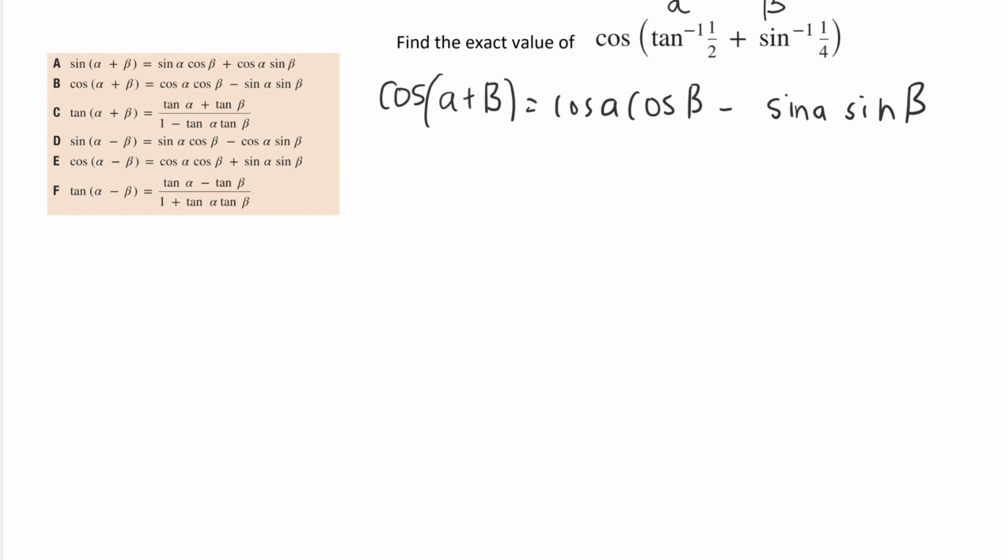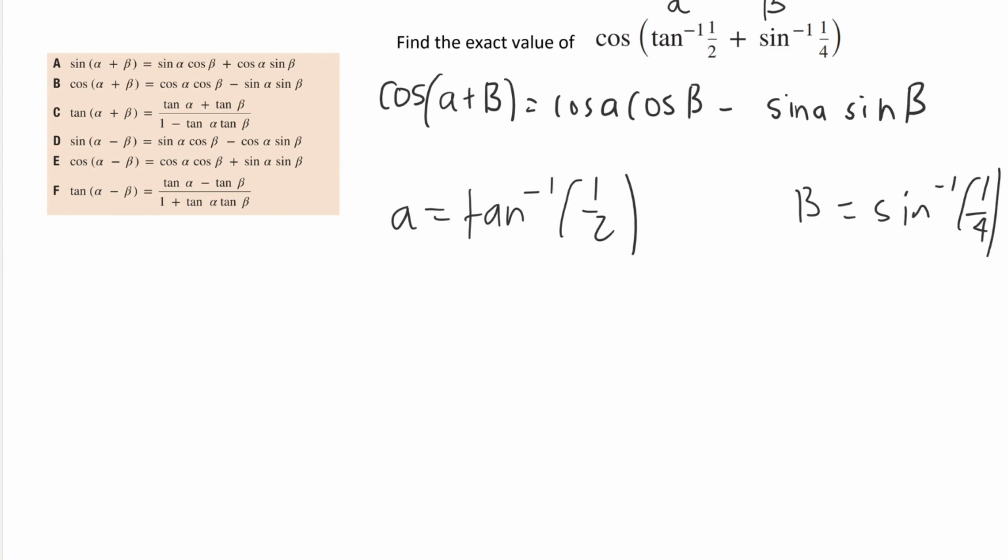So alpha is equal to the inverse of tan of 1 on 2, and also beta is equal to the inverse of sine of 1 on 4.